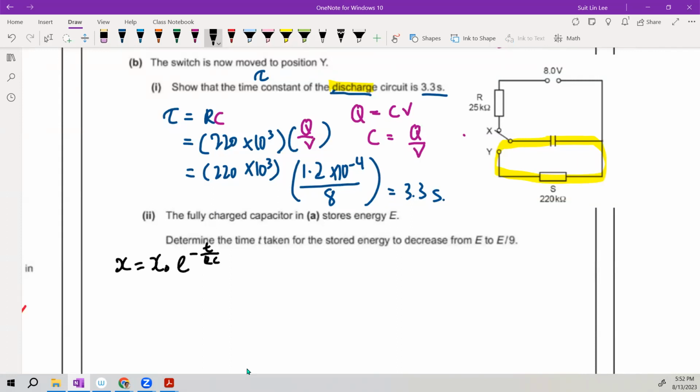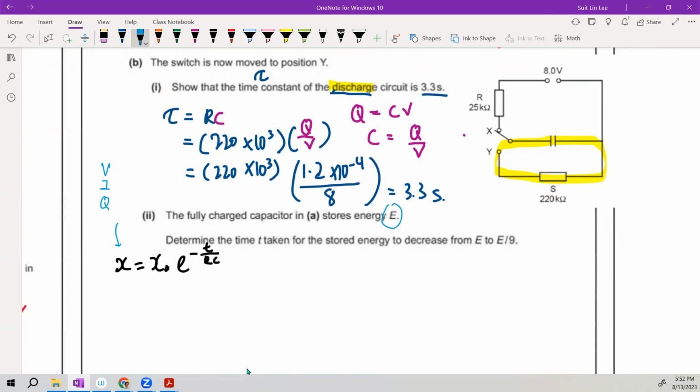And then I remember my teacher said this X can be V or I or Q, not energy. Don't do it, not energy.